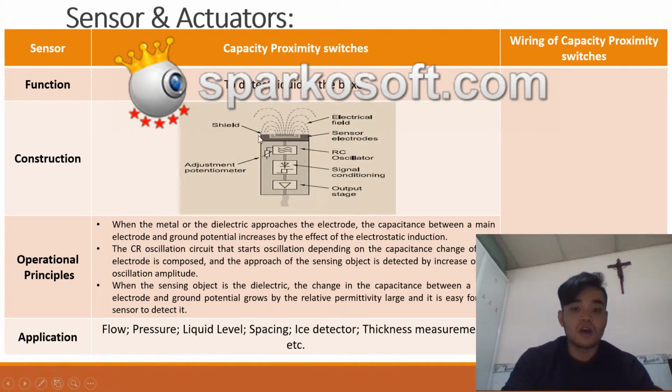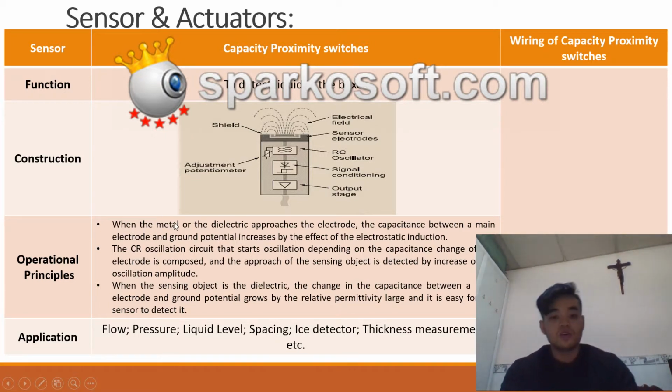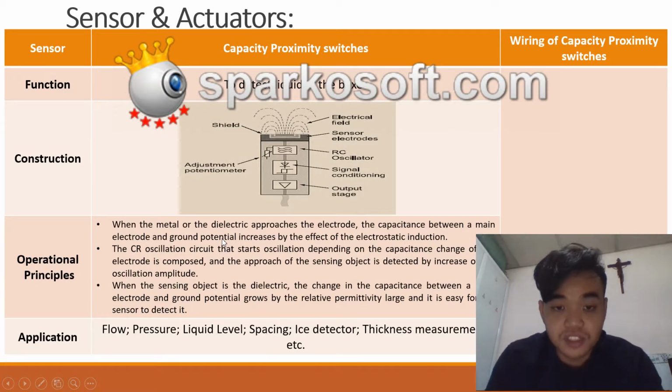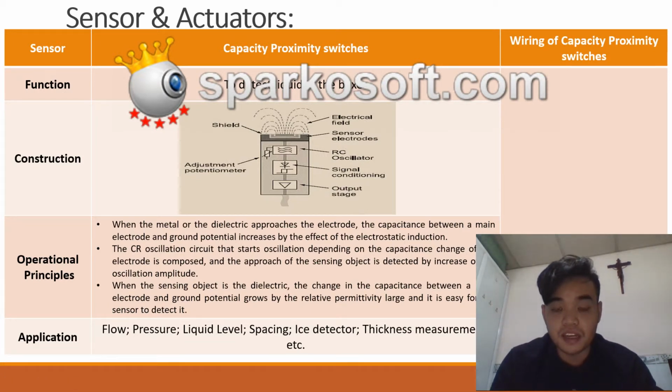This is the sensitivity adjustment potentiometer, electric field, sensor electrode, RC oscillator, signal conditioning, and output stage. The working principle: when a metal object approaches the electrode, the capacitance between the main electrode and ground potential increases by the effect of electrostatic induction.